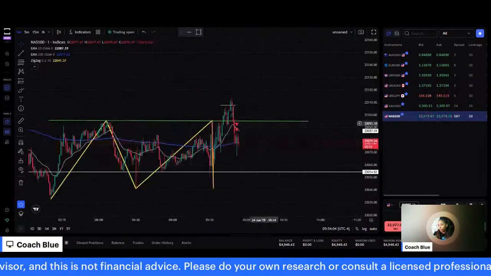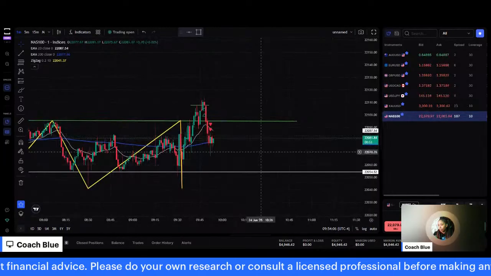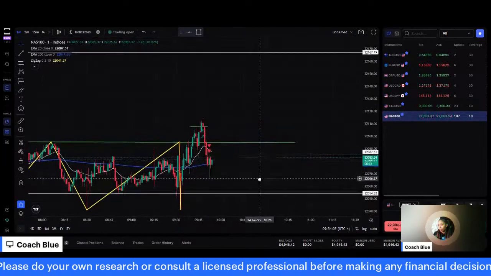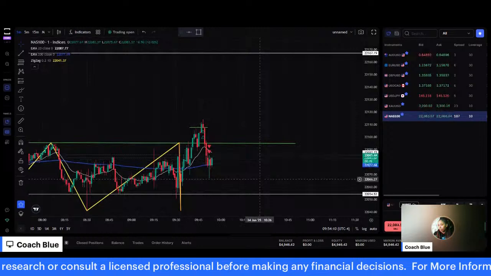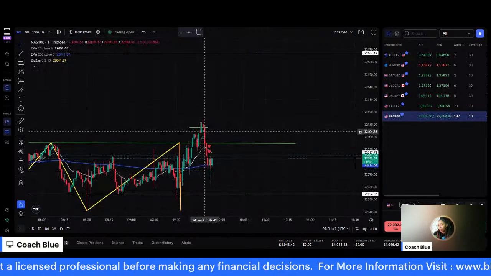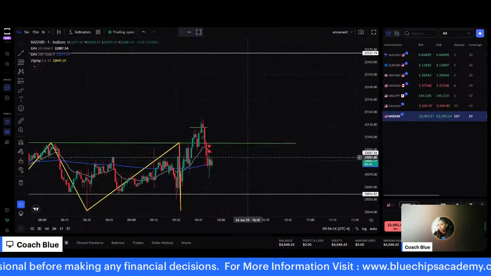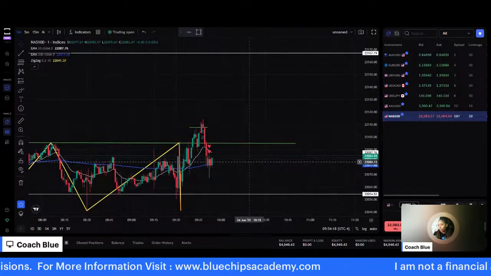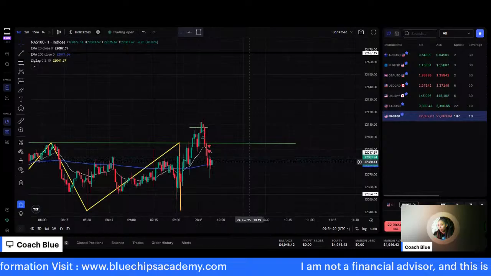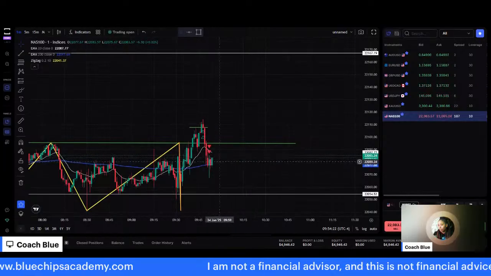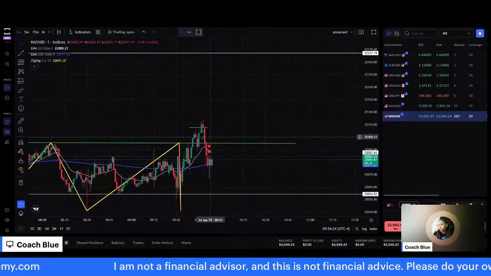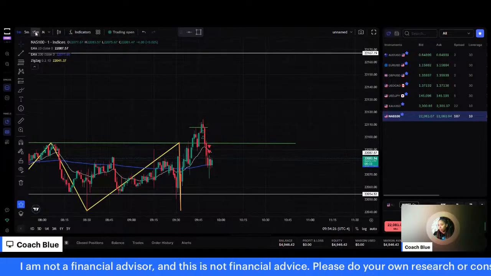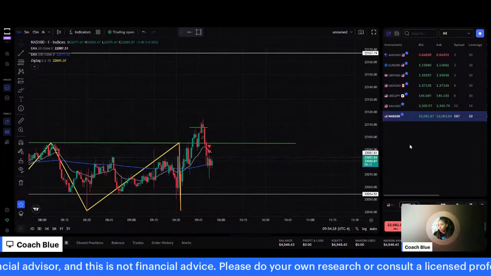Your ultimate direction could be correct, but you could get stopped out before you even get to the area that you want. So let's see if we get one more opportunity. I do believe we're still going to move to the upside, though, especially because we see price kind of holding here. Let's see if we get another opportunity.